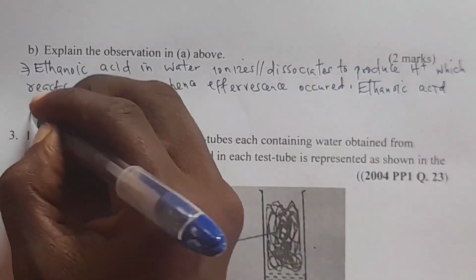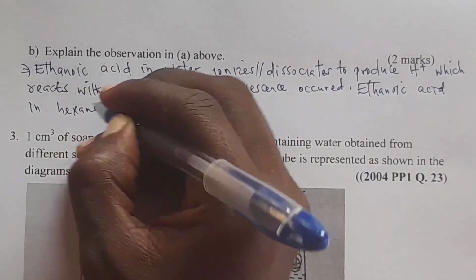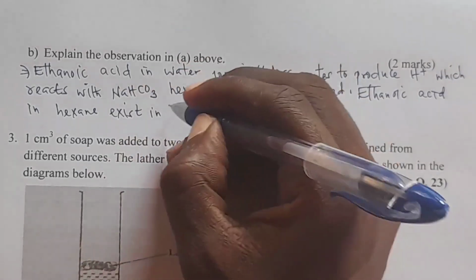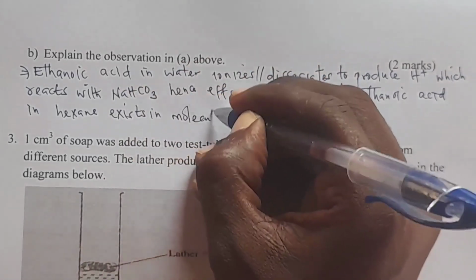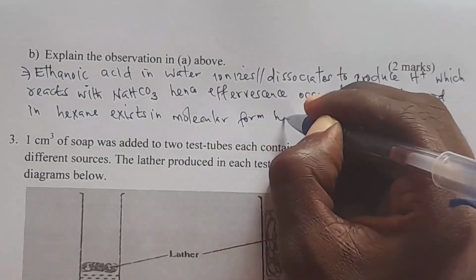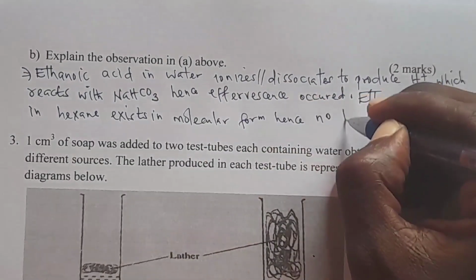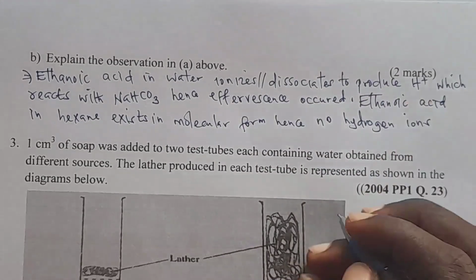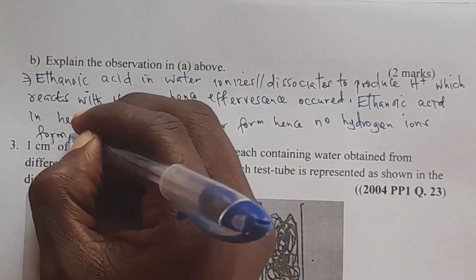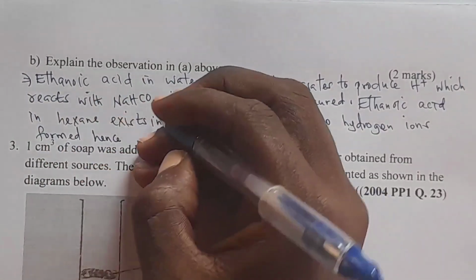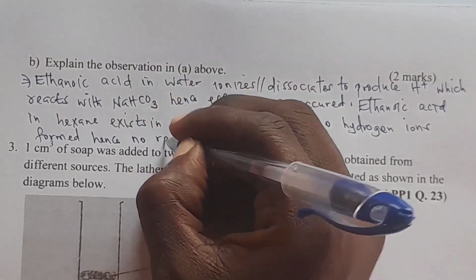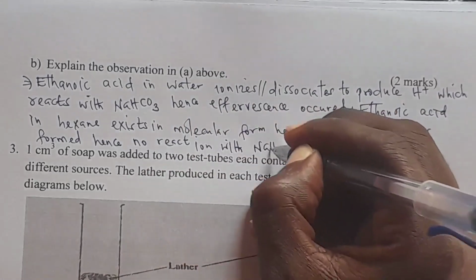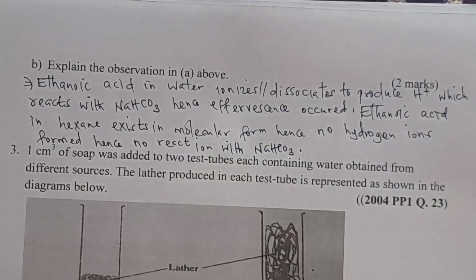Ethanoic acid in hexane exists in molecular form, hence no hydrogen ions formed, hence no reaction with sodium hydrogen carbonate, hence no effervescence will be formed.